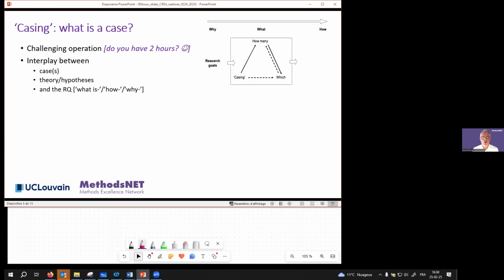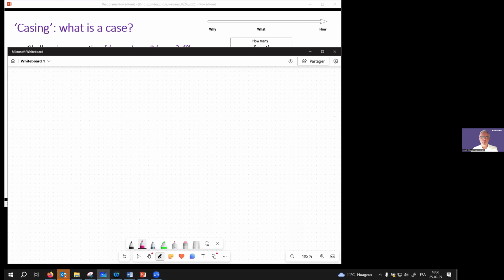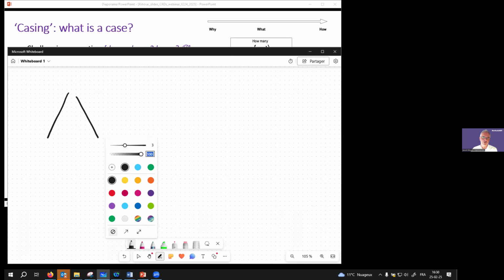But if I want to summarize, when you think about your casing, it is actually intertwined with the theories or the literature you have around your empirical entities and with your research questions. So when you think about cases, think of it as a triangle.